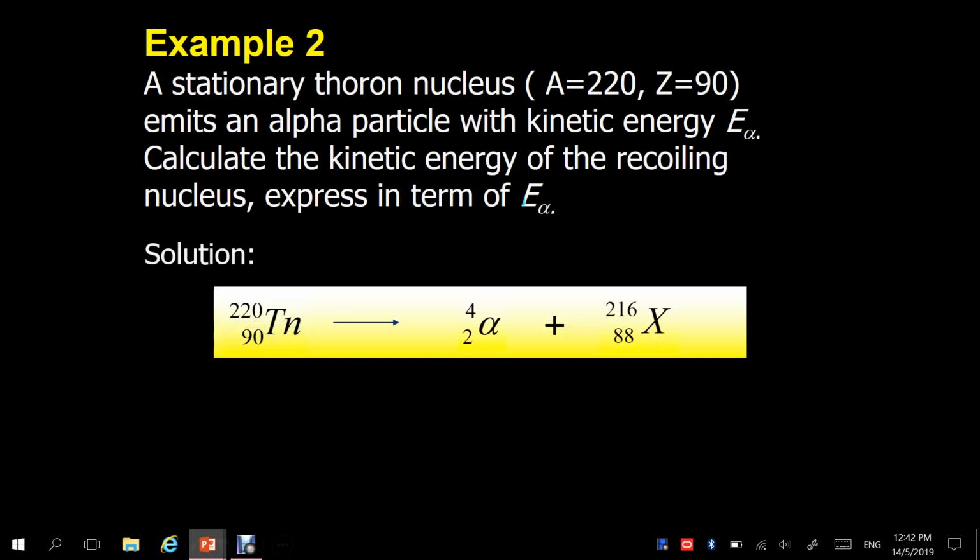There's a typo error in your lecture notes. The mass number for X should be 216. Why 216? Because if you balance the mass, right, on the left hand side you have 220, on the right hand side you must also end up with 220. So alpha is 4, X must be 216.